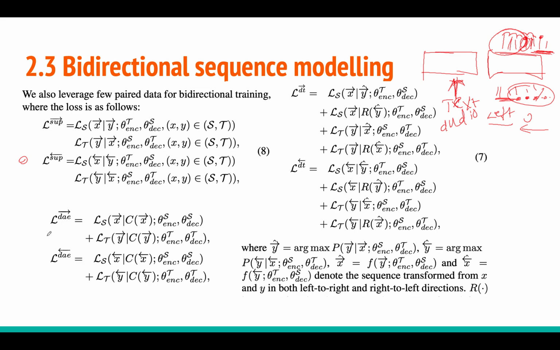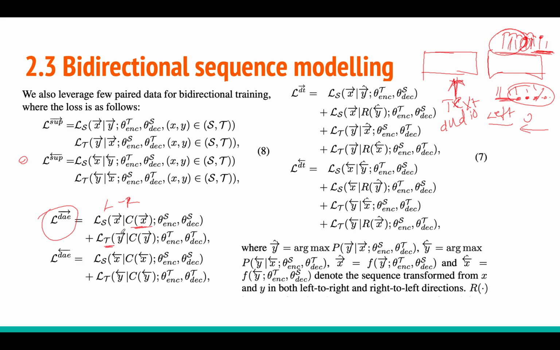Just look at this. As I said, you want to predict both left and right outputs. Let's say for the loss for the DAE, when you are predicting from left to right, you can use this equation where you are predicting a sequence of spectrogram frames from left to right from the corrupted version of X, and the same thing happens with the text also.